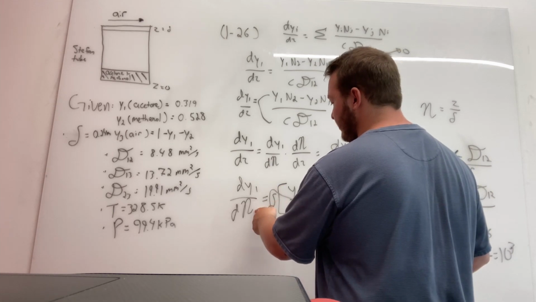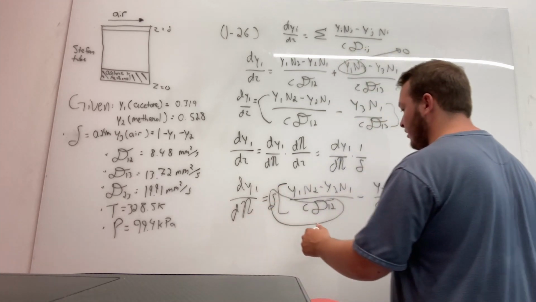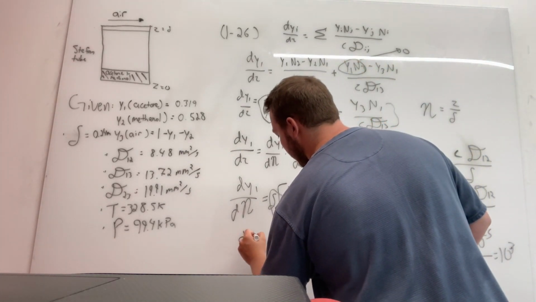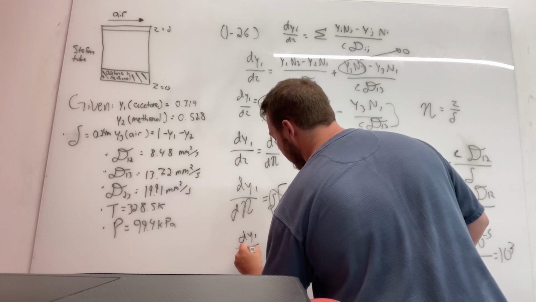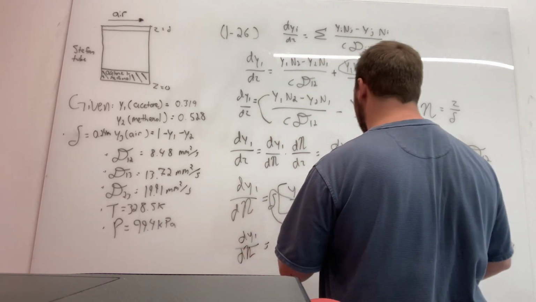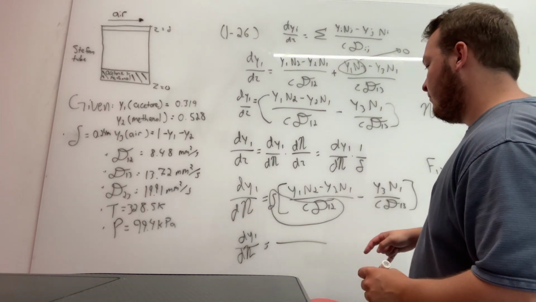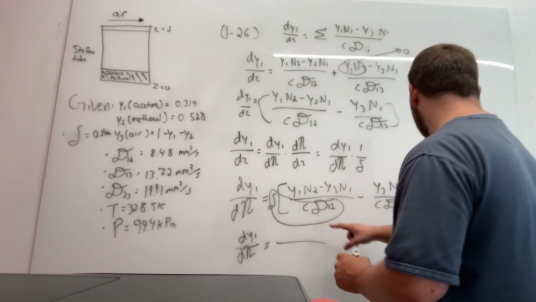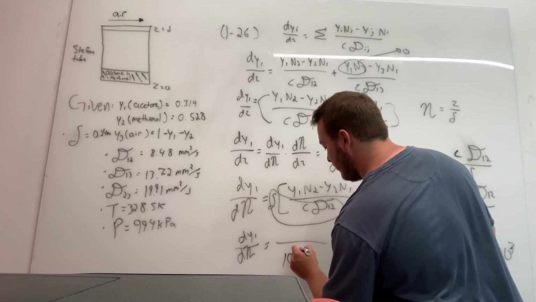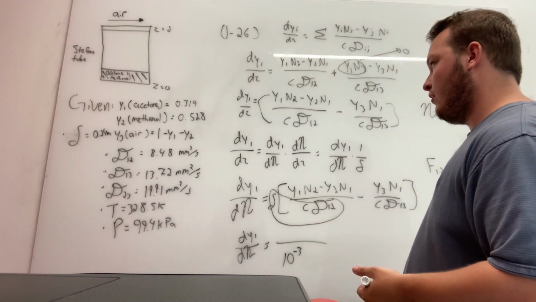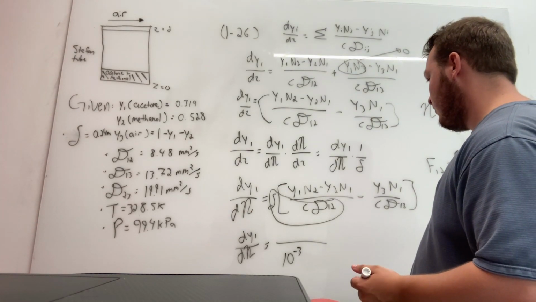So then we can just put dy1 over dn, kind of approximating these. This would be 10 to the negative 3, right? And then we know that y1 and y2 have a magnitude of 1, right?